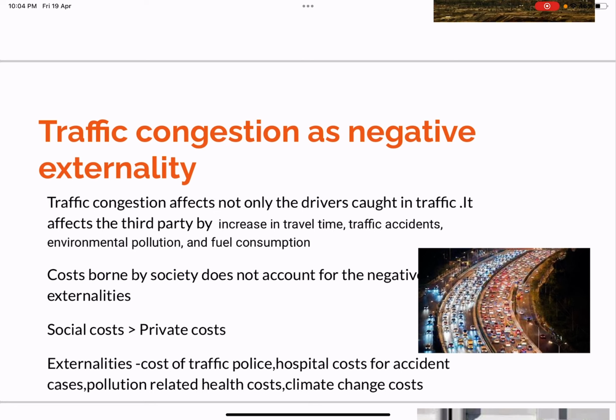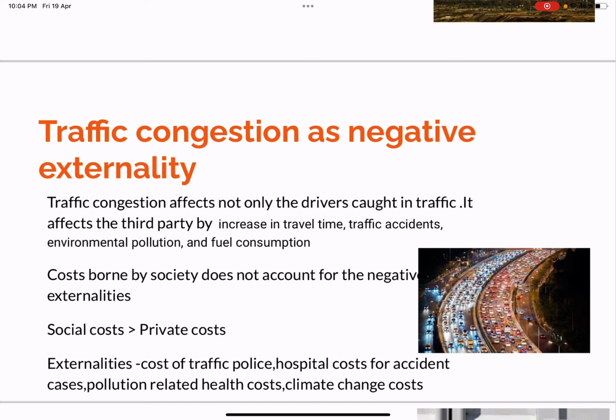There could be an increase in fuel consumption because the vehicles would be idling, and there could also be environmental pollution because of congestion, right? These costs, which are borne by the society, could be called the negative externality. And these negative externality costs are not borne by the stakeholders here, right?